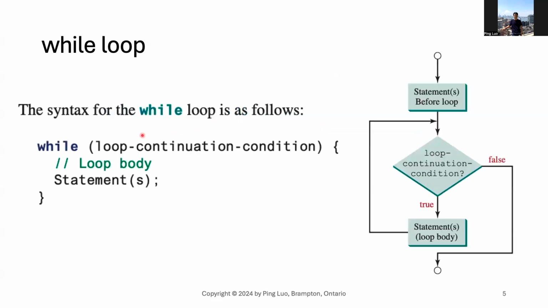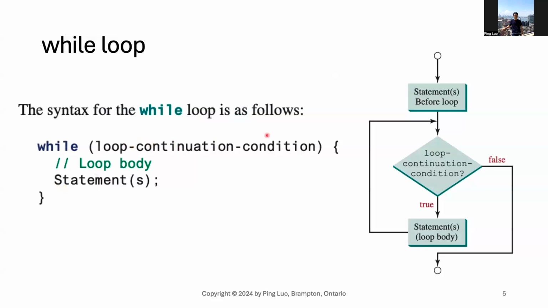The syntax for the while loop is like this. The loop continuation condition inside the brackets tells the while loop whether it should perform the statements inside the curly braces. If it's false, the loop will end, and if it's true, the statements inside will be performed again.